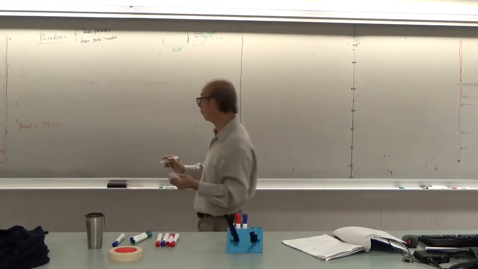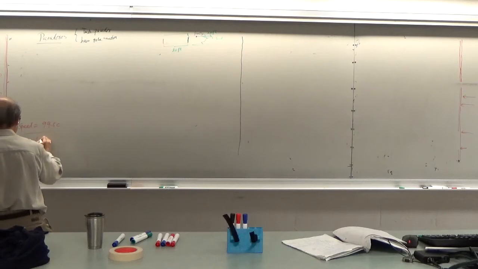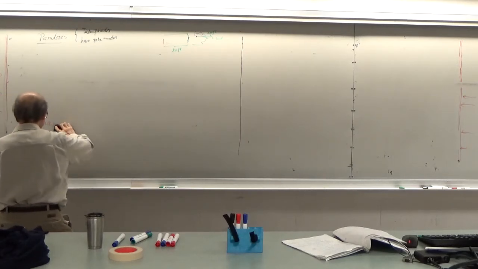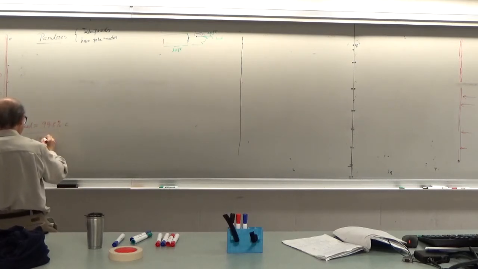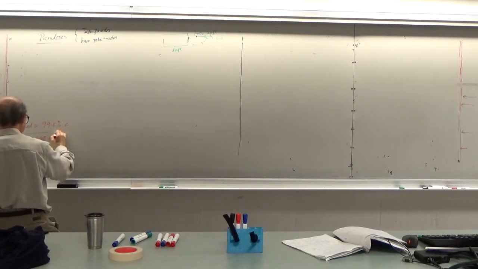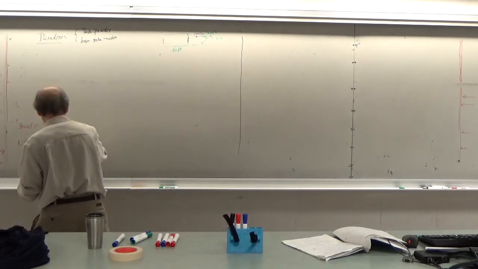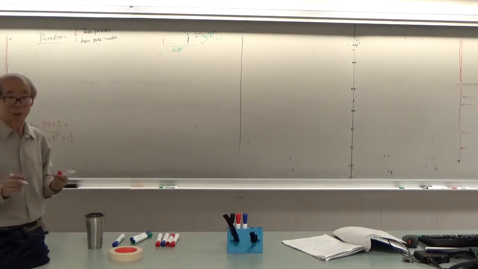Of course, that will give rise to a contraction factor, the square root of 1 minus 99.5% squared. And you can do the calculation. It turns out to be, well, let's just take it to be 1/10. It's very close to 1/10.